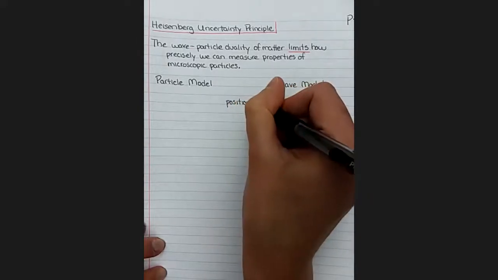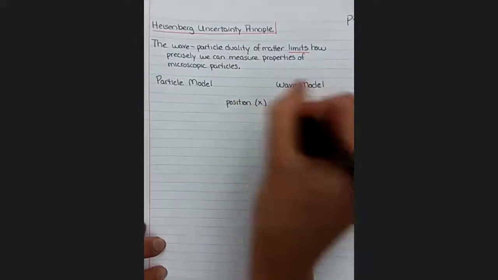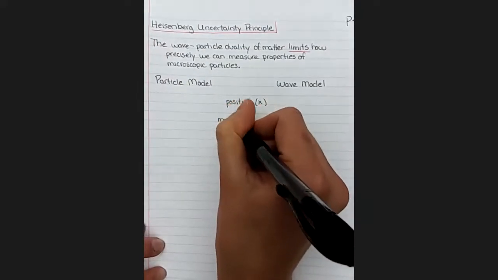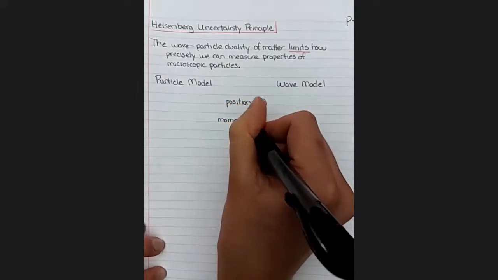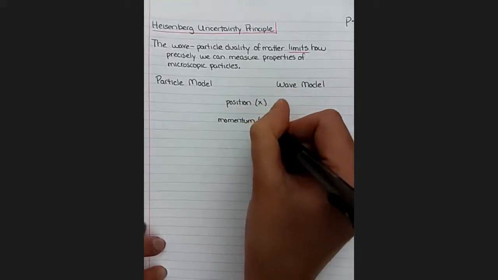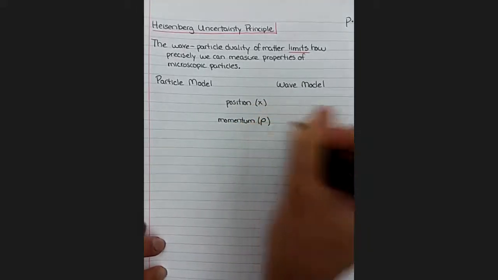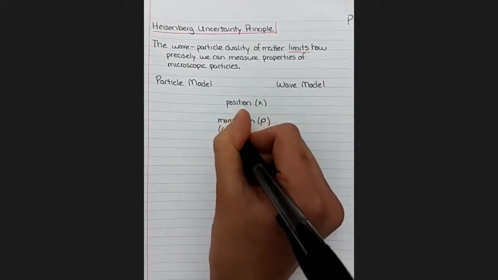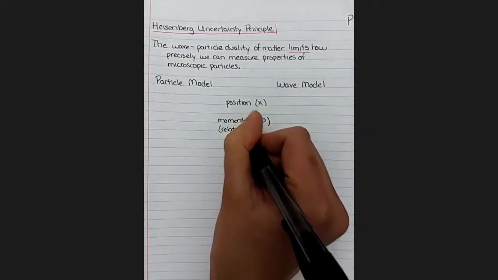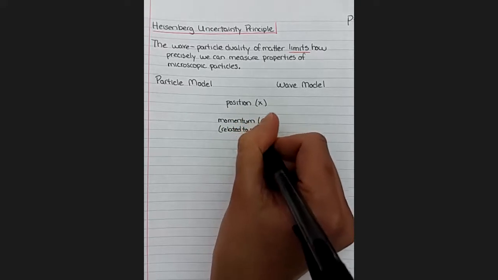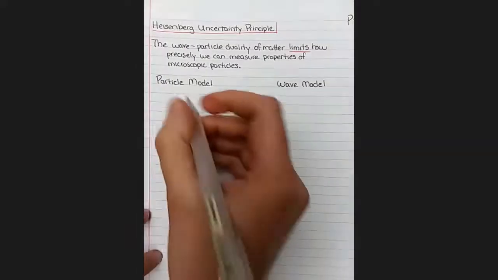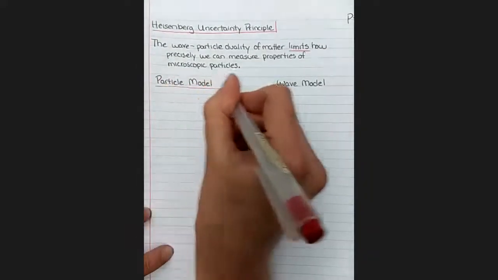Where is it in space? And that's represented by x. We're also interested in figuring out, measuring the momentum of an electron. As we talked about on the previous page, we use p to represent that, because momentum is related to speed, how fast it's moving. And for each of these models, it's easier to measure one variable or the other.